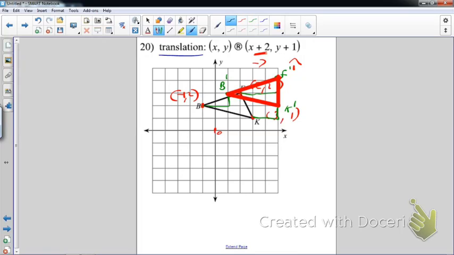So B prime is now located at 1, 3. F prime is located at 5, 4.